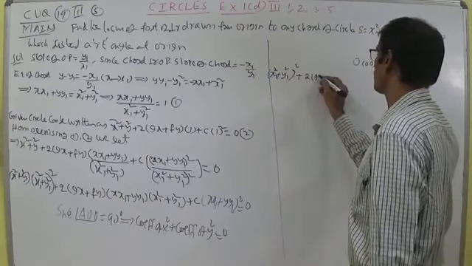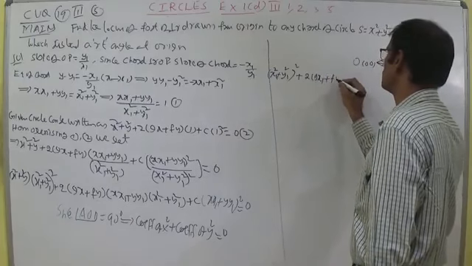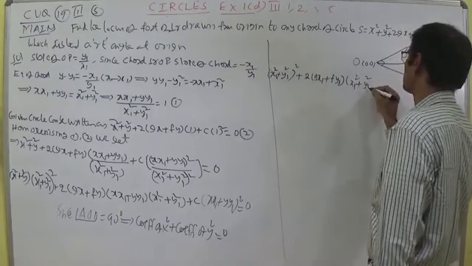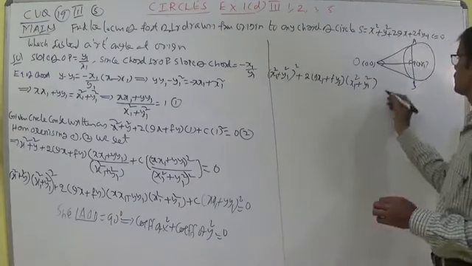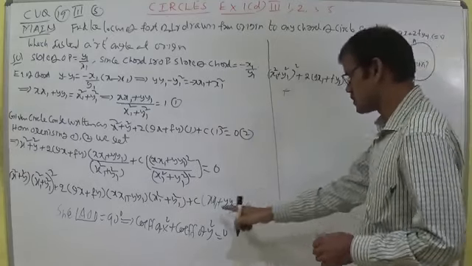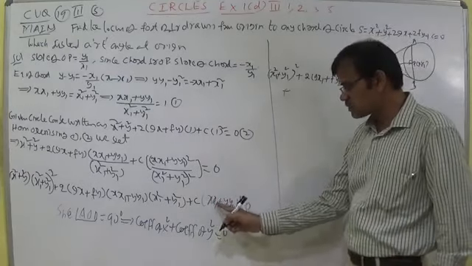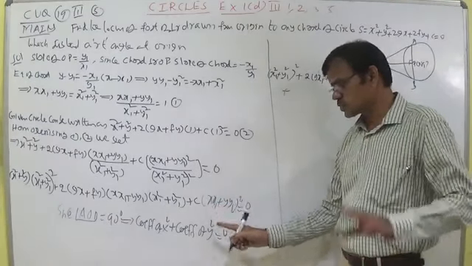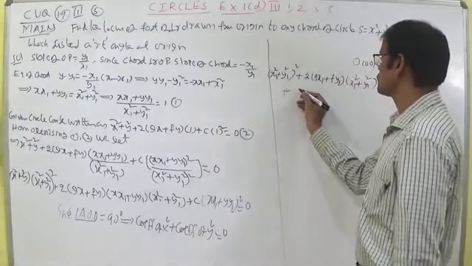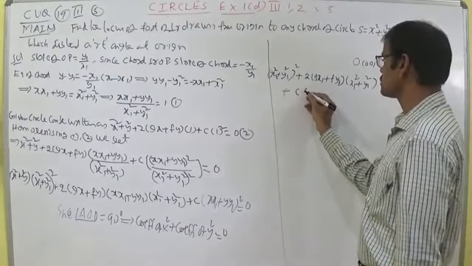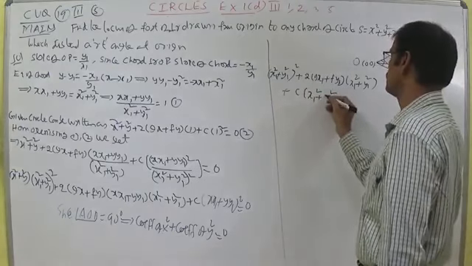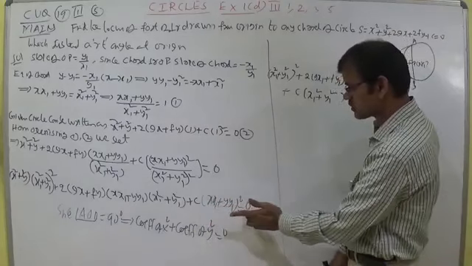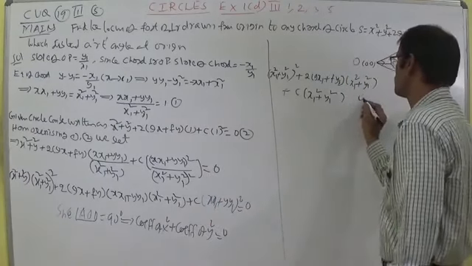So directly you can write as 2 into (gx1 plus fy1) into (x1 square plus y1 square) plus later. For this one, if we expand this one, it becomes x square x1 square plus y square y1 square plus 2x x1 y1. So x square coef, y square coef only you take. So x square coef becomes x1 square plus y1 square. That's all. And y square coef I have written directly x square coef x1 square plus y square coef y1 square along with c is equal to 0.